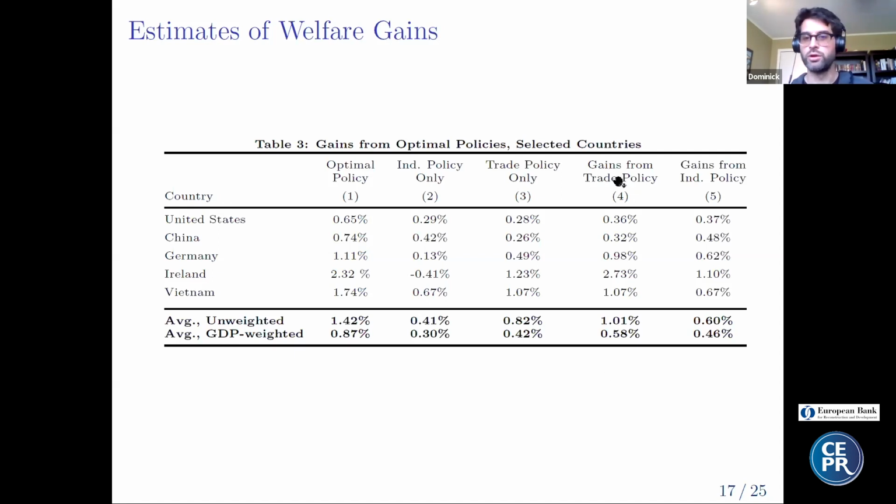And then what we'll call the gains from trade policy are this column here, optimal policy less industrial policy only. And we'll call column 5 the gains from industrial policy: optimal policy, column 1, minus column 3, the gains from doing trade policy only.